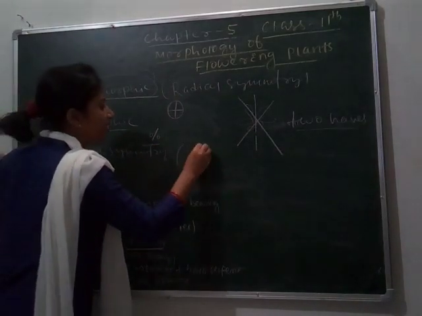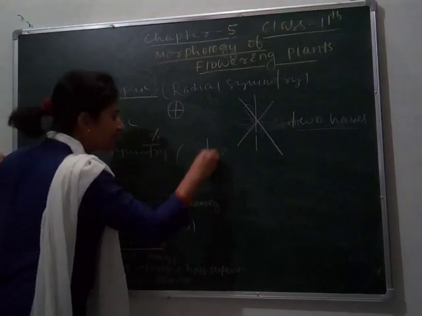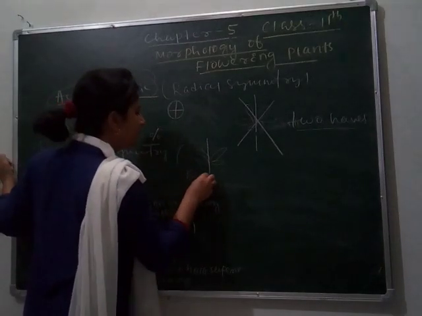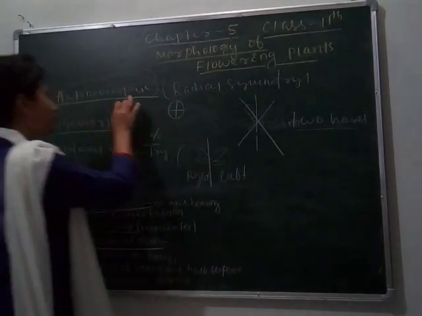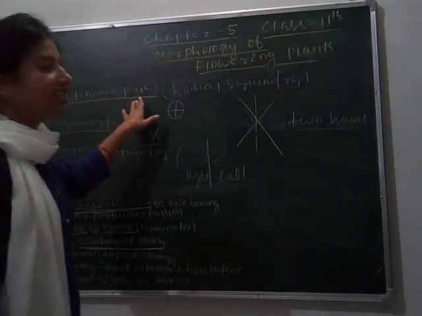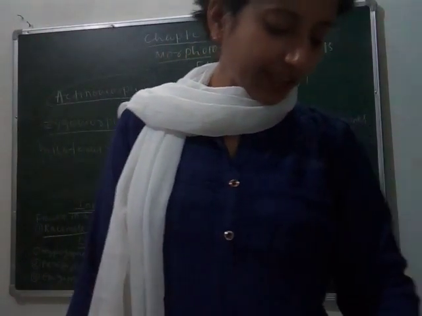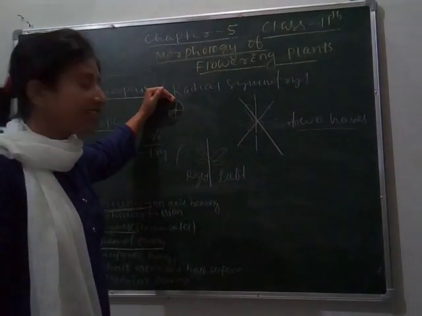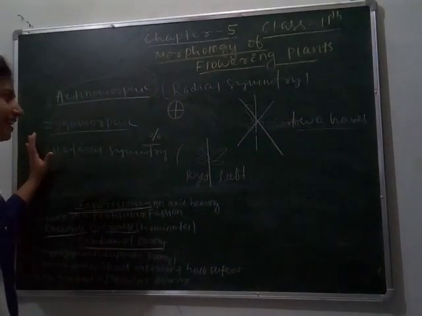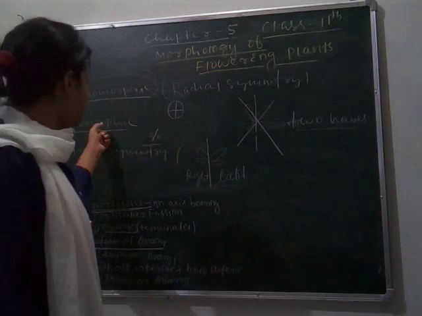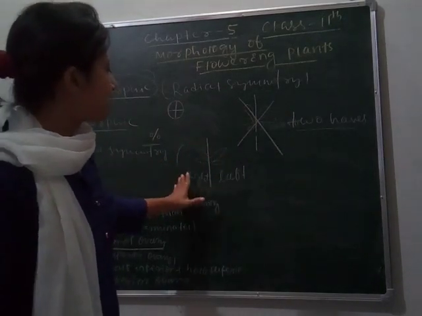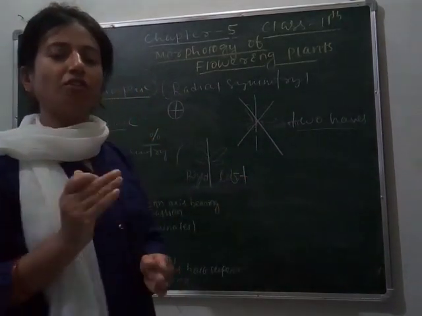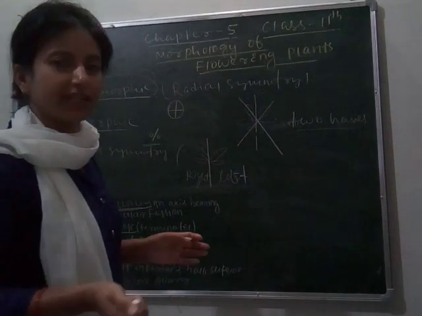Because when we cut the flower, it gives two equal halves, right and left. So here you come across two terms: actinomorphic, in which we see radial symmetry, and zygomorphic, bilateral symmetry. In zygomorphic, the flower is divided into right and left parts, but in actinomorphic, when cut from any plane, it gives two equal halves, not left and right.